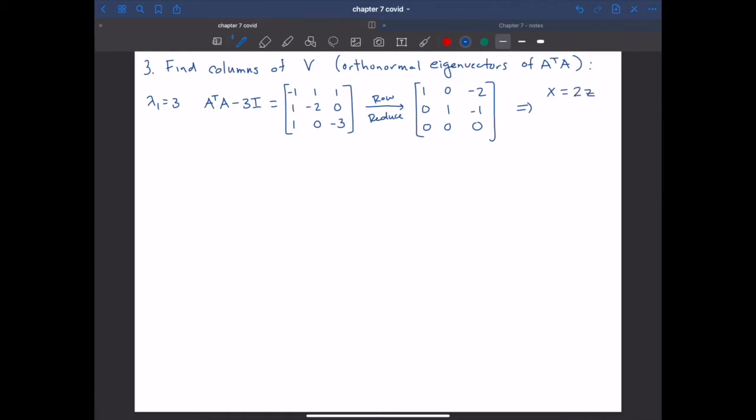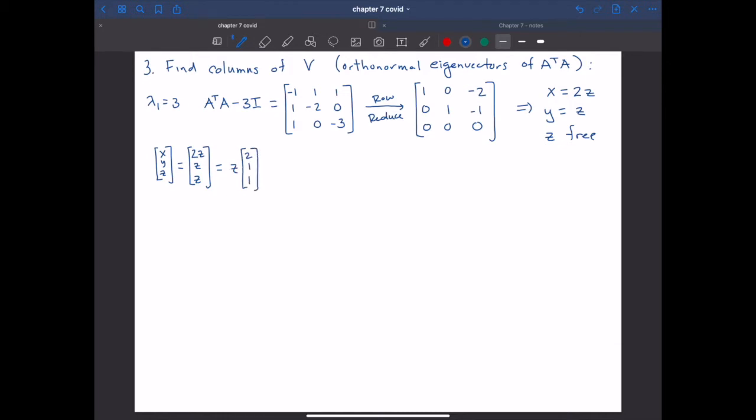My second row tells me that y is equal to z, and z is a free variable. Okay, so my eigenvector x, y, z, I can take x and replace it with 2z. I can replace y with z. And if I factor the free variable z out, just like I normally do, I get 2, 1, 1.